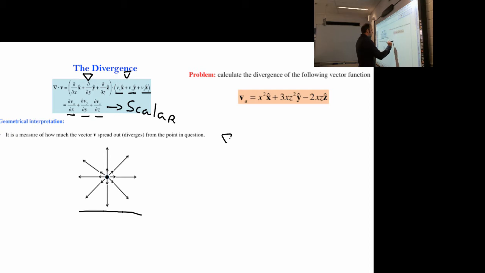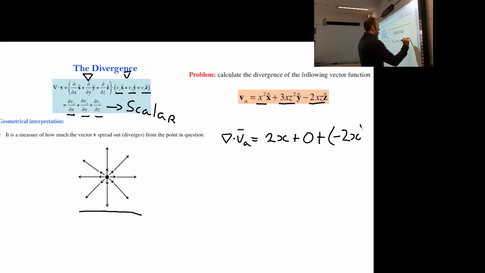So we have the divergence of the vector function VA is going to be equal to, now remember we take the derivative of our Vx component with respect to x, so we get 2x, plus the derivative of our Vy component with respect to y, so we get 0, plus the derivative of our Vz component with respect to z, so we get minus 2x.